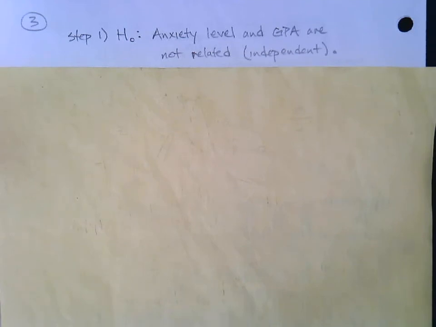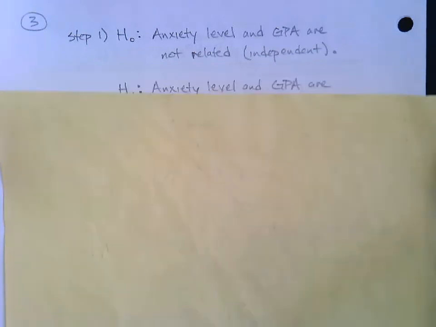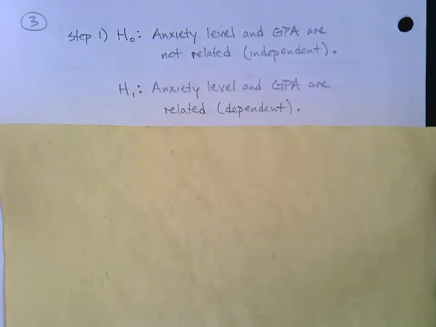That's always going to be the case. We state our two variables and say these are not related. Or you might use the language they are independent. Okay. Well, what is the alternative hypothesis then? Well, it's simply the opposite, that they are related, right? So H1: anxiety level and GPA are related. Or you might use the word dependent.